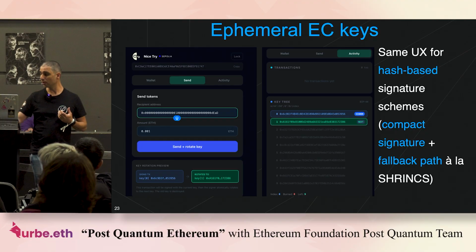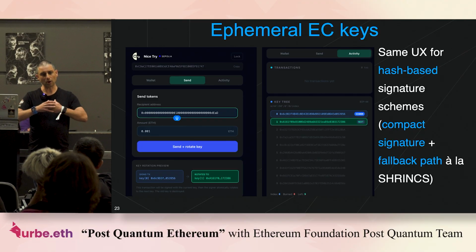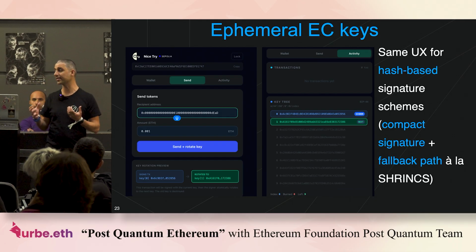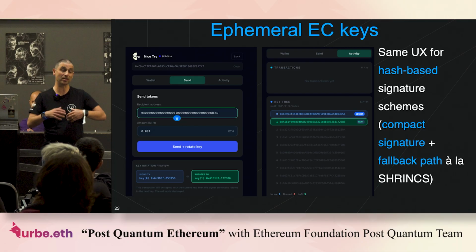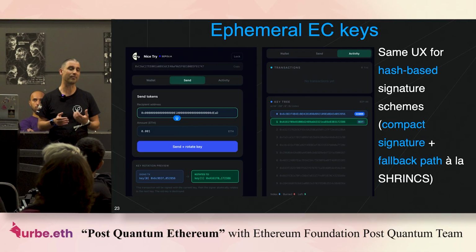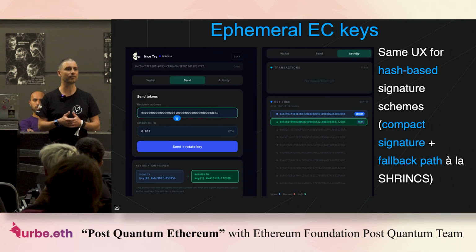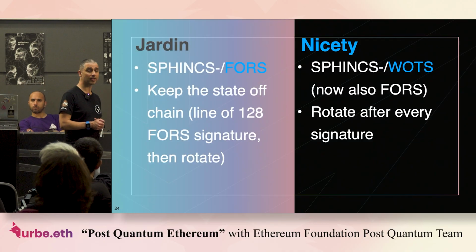But if we do a hybrid solution, we can use a long-term key that uses SPHINCS, and we can use something called Winternitz or FORS that are single-time or few-time signatures with a size that is not so big, on the order of a few hundred bytes. And this will allow us to use this kind of solution right now and be fully post-quantum thanks to account abstraction.